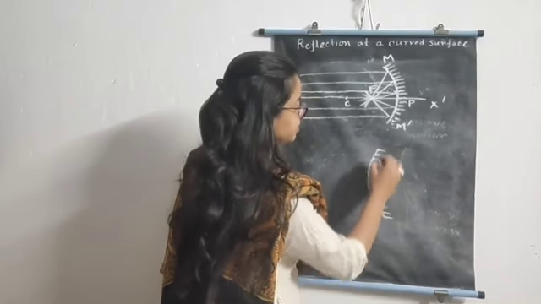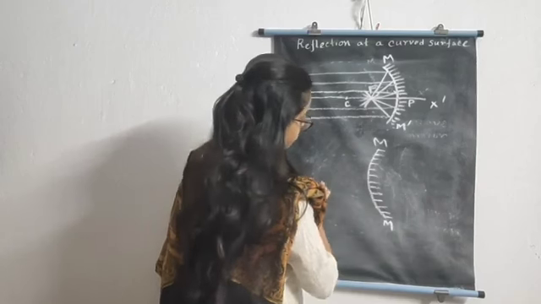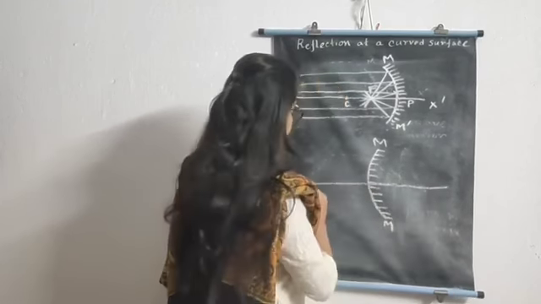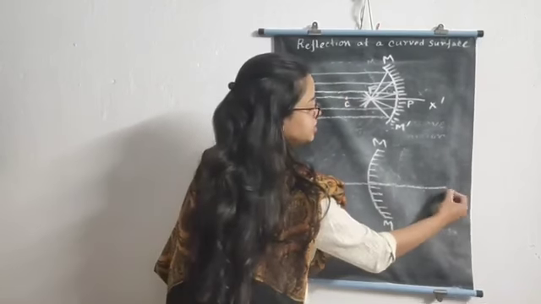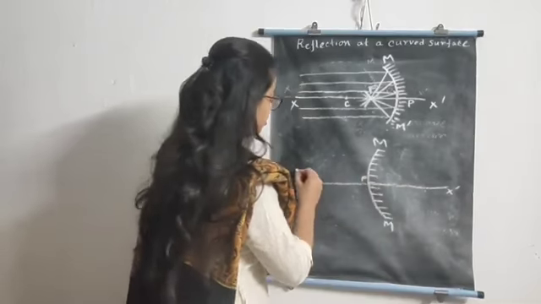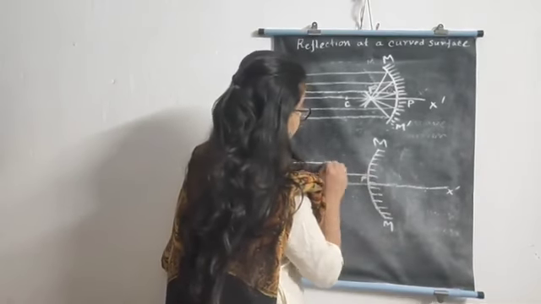This is the reflecting surface. M dash is the mirror. This is the principal axis, X dash. P is the pole here. Now, a parallel beam of light comes here, like this.